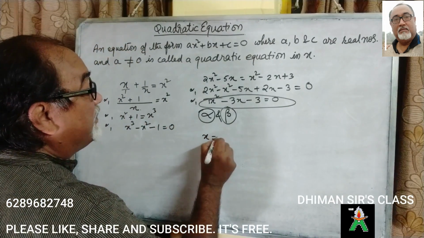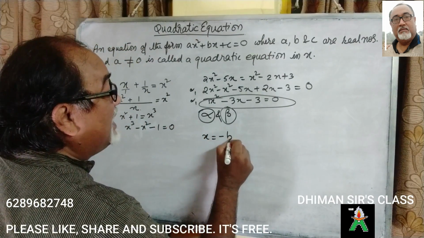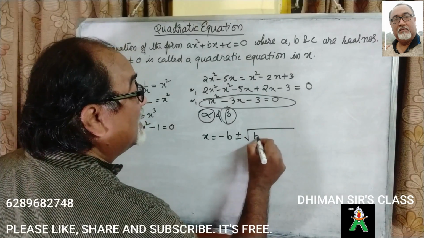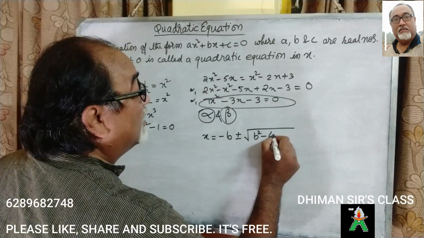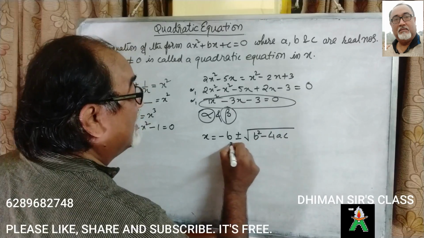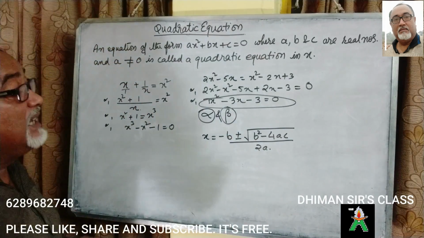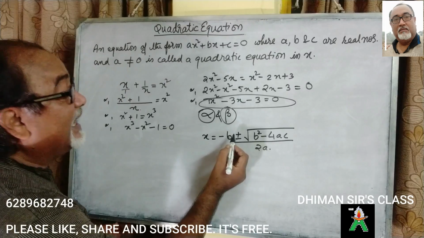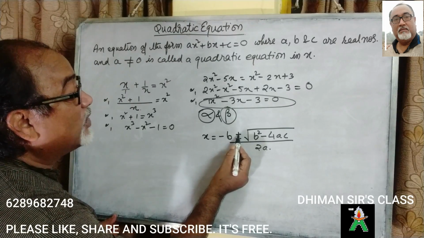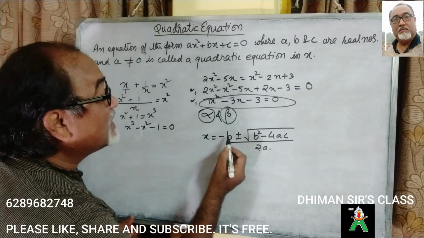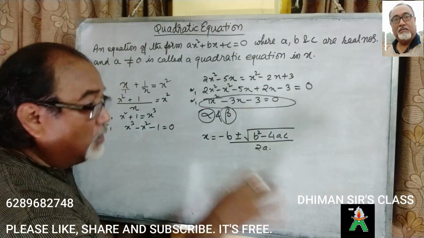x equals to minus b plus minus root over b square minus 4ac by 2a. See, plus minus. Here only this plus gives one root and minus gives the other root. So, minus b plus minus means 2 roots automatically in this formula.